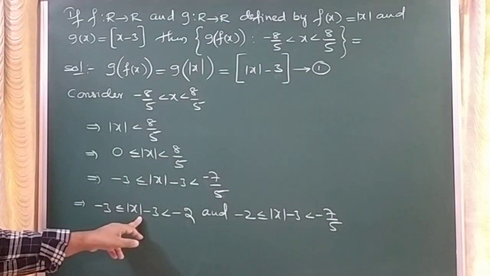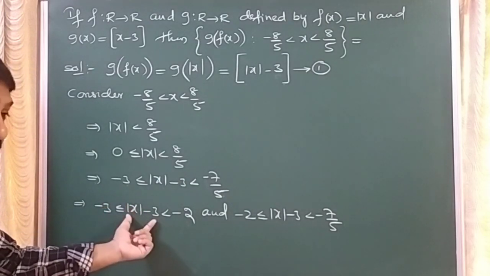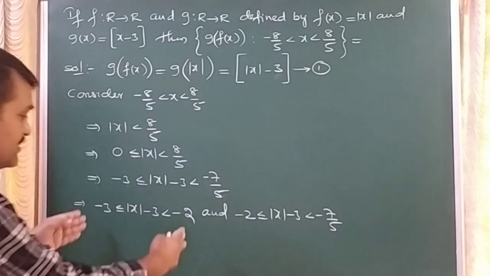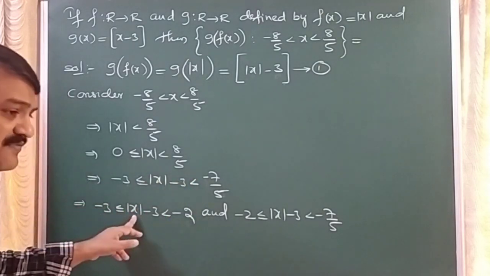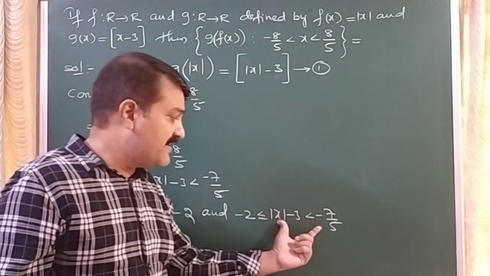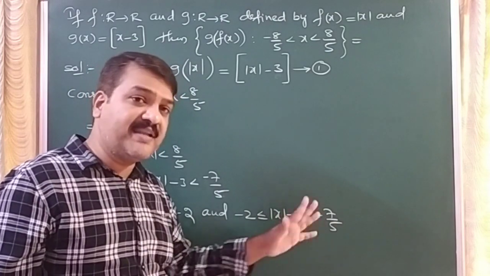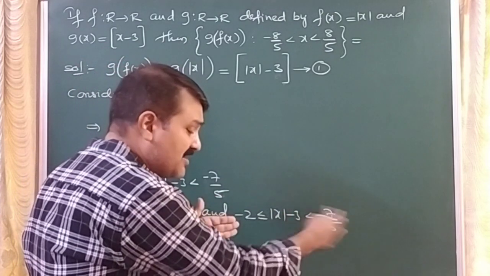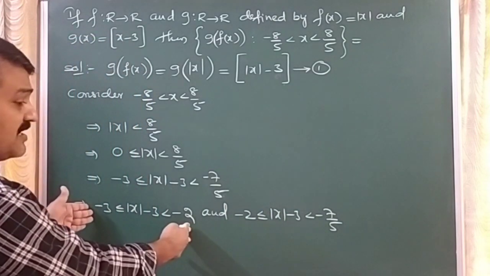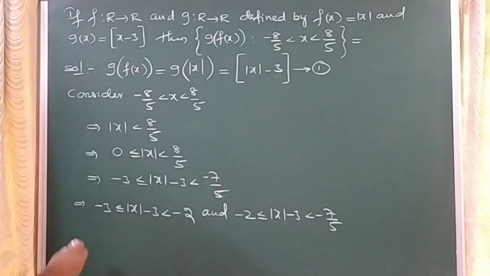In this particular interval, what is the step value? Between minus 3 and minus 2, for any number, the step will be minus 3 only. And in this interval, the step of mod x minus 3 will be minus 2 only. For all numbers in this interval, the step will be minus 2. For all numbers in this interval, the step will be minus 3 only.